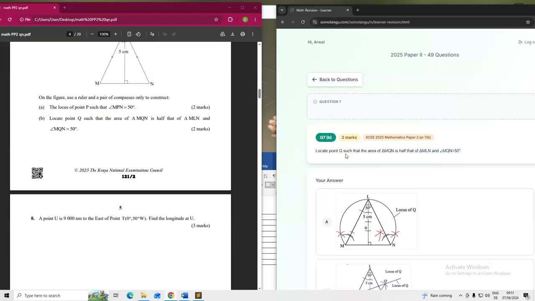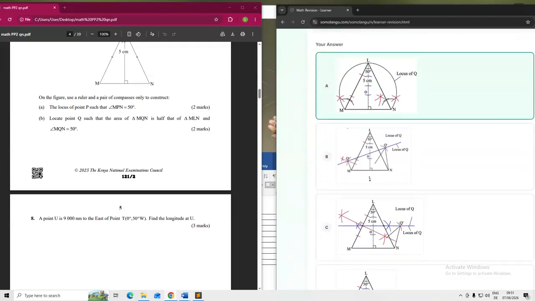The student is expected to locate a point satisfying both an area condition and an angle condition. Remember, the area condition is area of triangle MQN is half of that of triangle MLN, and the angle condition is angle MQN should be 50 degrees.